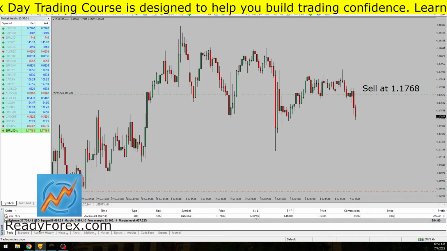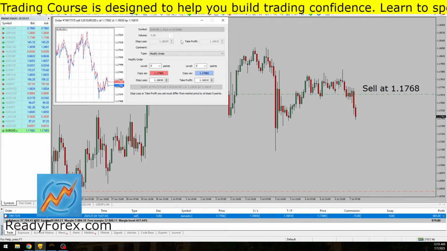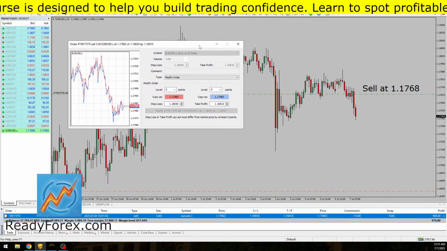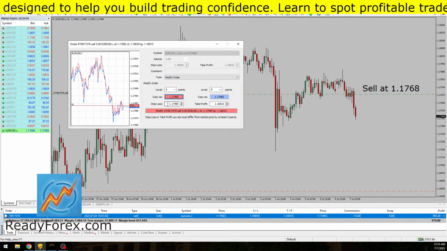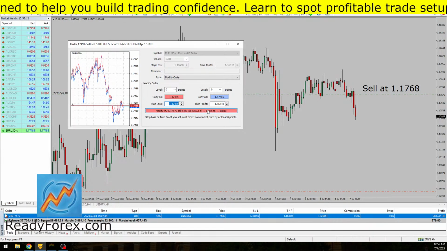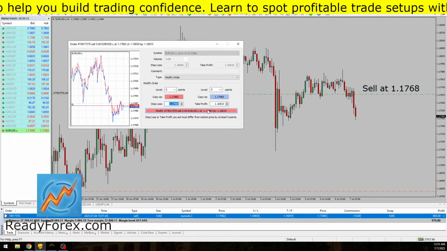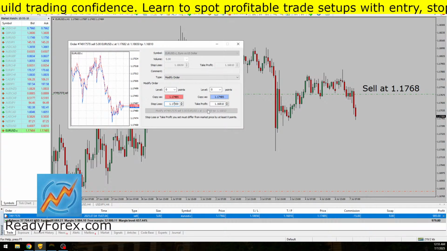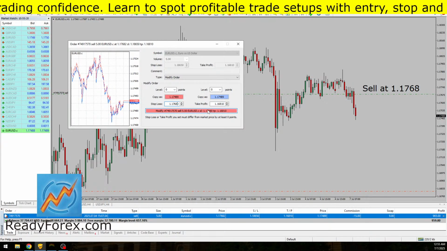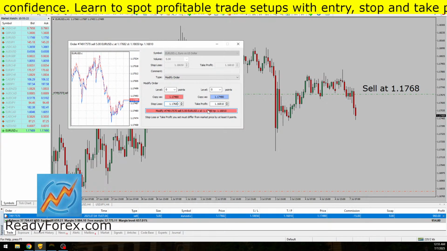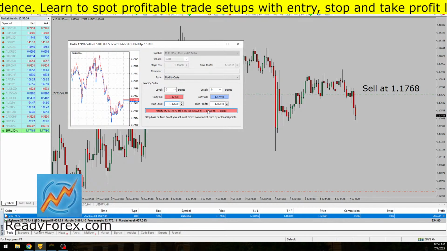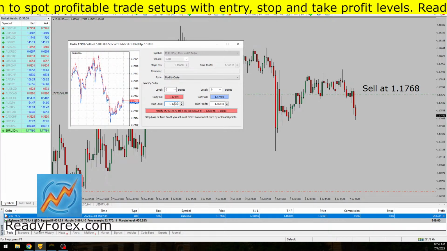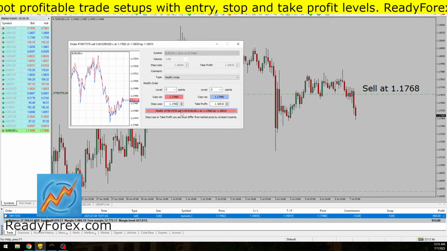So it's a good idea to lower down the stop loss and lock in maybe 1 or 2 pips profit over here. This is called trade management. Once you are in profit, you need to protect your trading capital. 1.1768 is the sell entry, so I'm going to lock in 2 pips over here, so 1.1766.